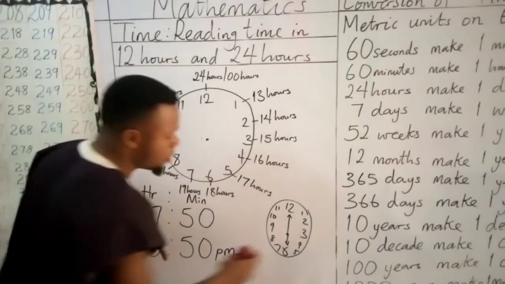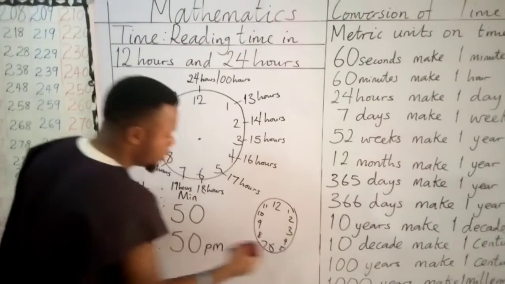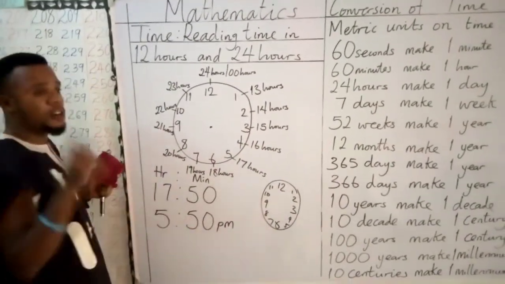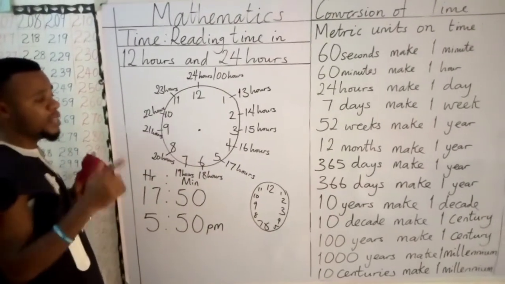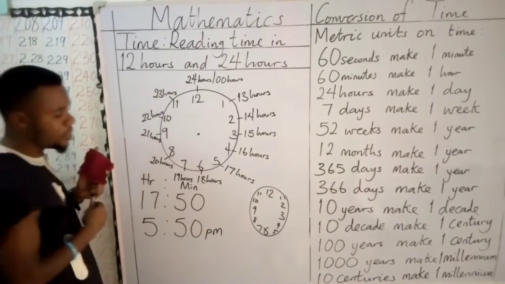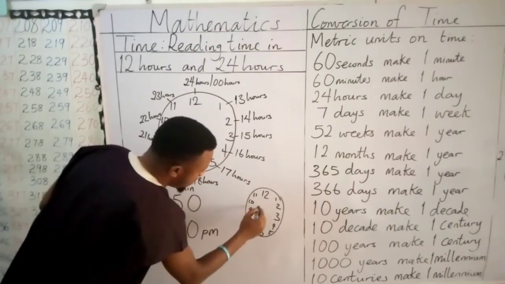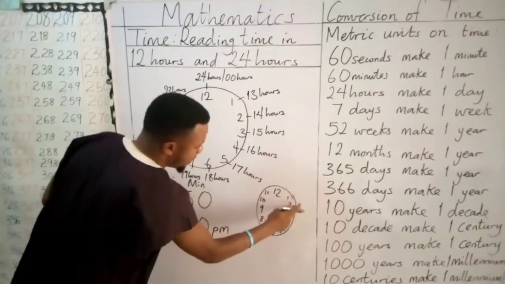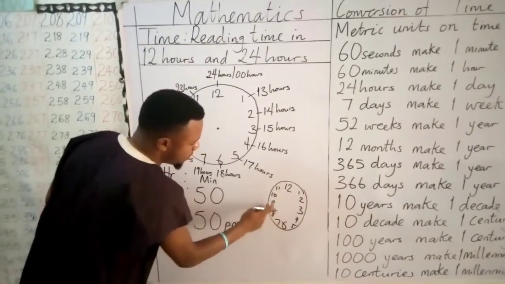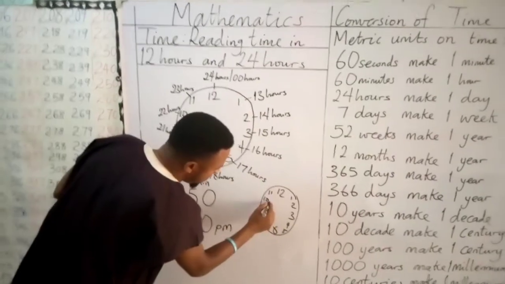Now to draw your clock, remember what we said, 5:50. You start with your minute hand. Your minute hand is the longest hand. This is 5, 10, 15, 20, 25, 30, 35, 40, 45, 50. So 10 is 50.